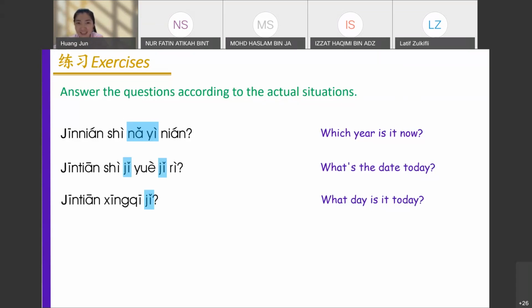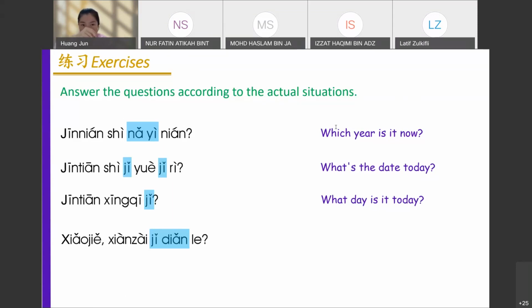So 今天星期三，小姐，现在几点了？Miss, what time is it now? The question word is 几点. So we answer 现在2:09了. Okay, my answer for this one should be 现在2:09了.